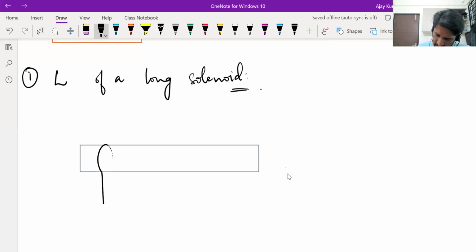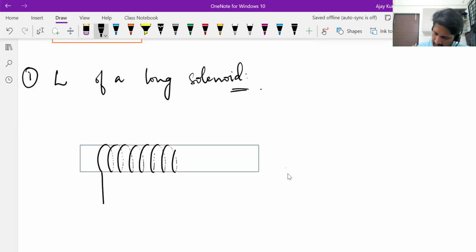The total number of turns in a long solenoid, nobody will talk about it, because it will have a lot of turns anyway. So the number of turns per unit length is what you will usually be given. Let it be small n. Can one of you tell me the expression for the magnetic field produced inside a long solenoid?